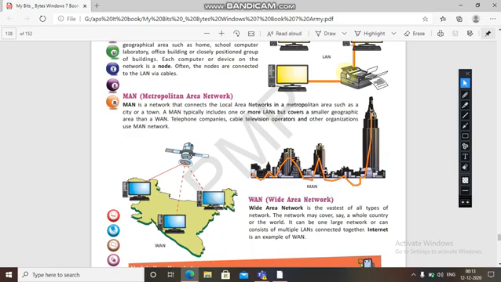I hope you all have got this, because you can see in the picture it is showing the MAN. See how it is going. Through a LAN, many LANs are connected together and they form a network through telephone cables. Cable television operators and other organizations use MAN networks.